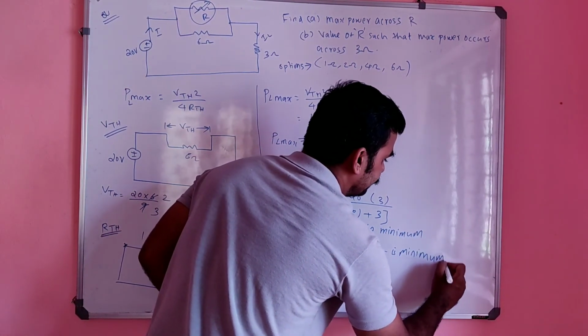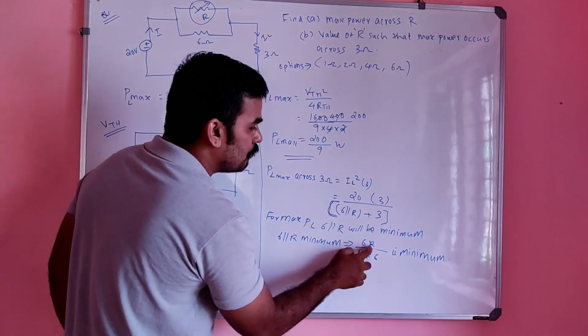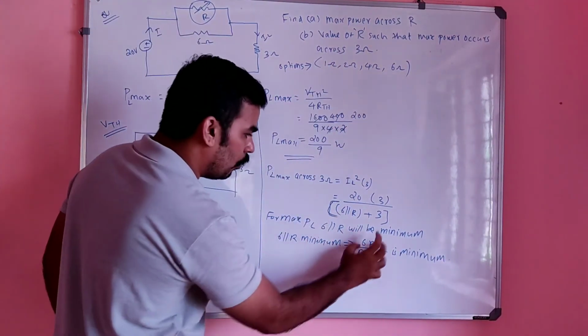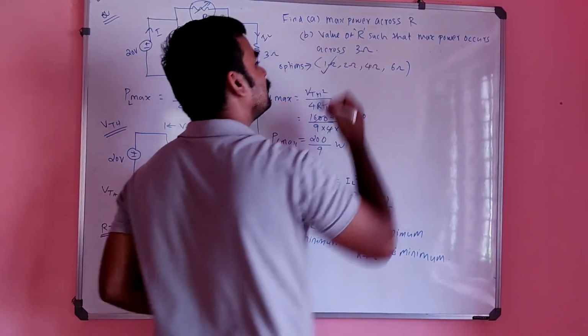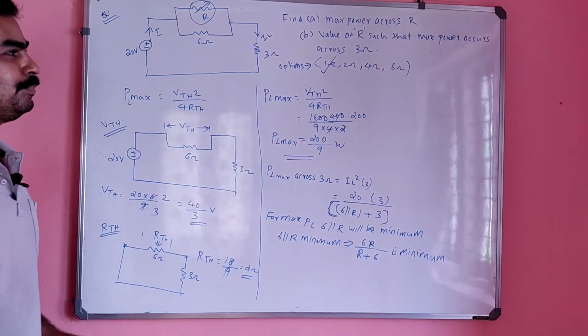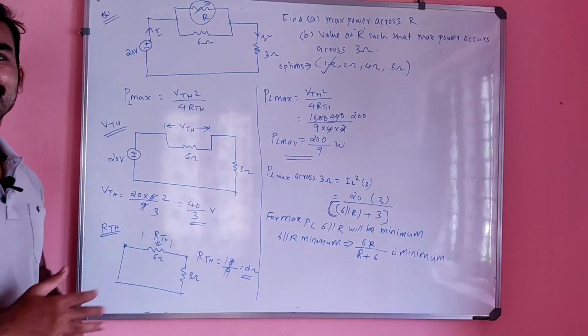So from the options, what is the value of R such that the whole expression will be minimum? Simply it is 1 ohm. When you substitute 1, then only this expression will be minimum.